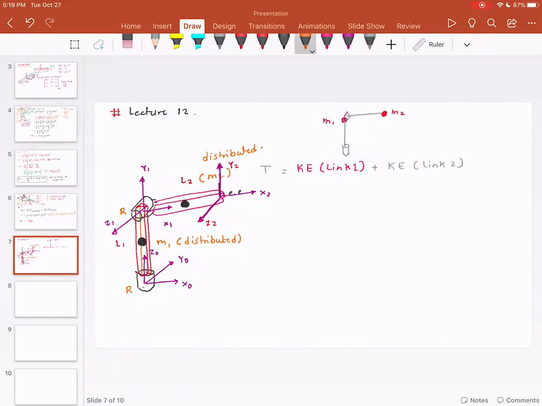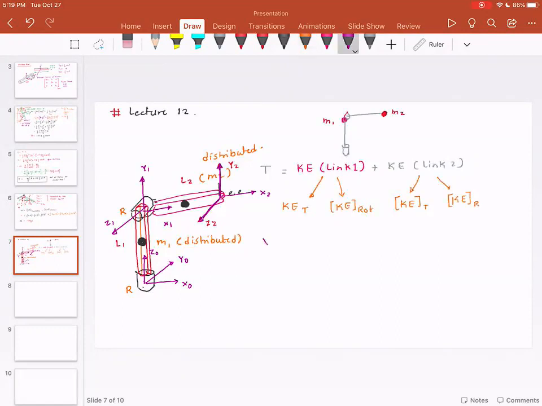But please understand, when we find the kinetic energy for link 1, you are going to have kinetic energy of translation and kinetic energy of rotation. Kinetic energy for link 2 will be kinetic energy of translation, then kinetic energy of rotation.